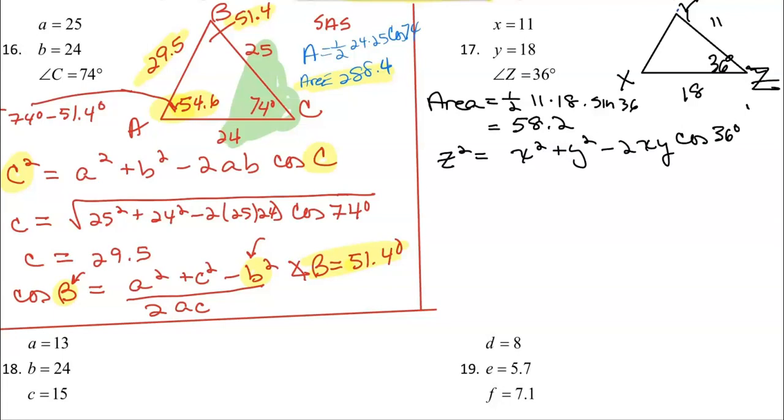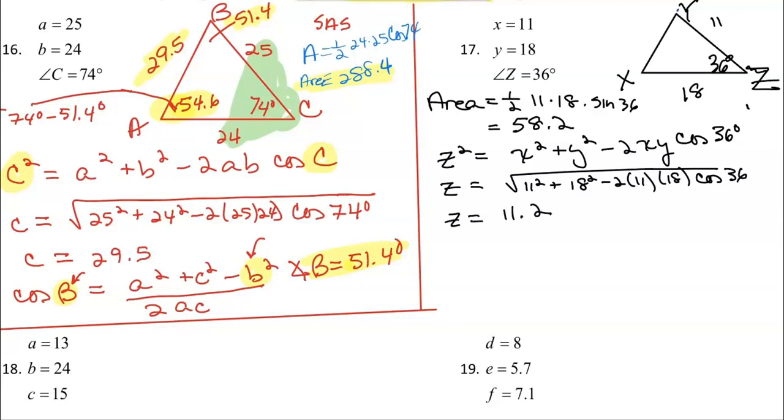You've got to be able to switch these formulas around. So z equals the square root. x squared is 11 squared, y squared is 18 squared, minus 2 times 11 times 18 times the cosine of 36. When I solve for z, I get 11.2. Done. Now get one angle.